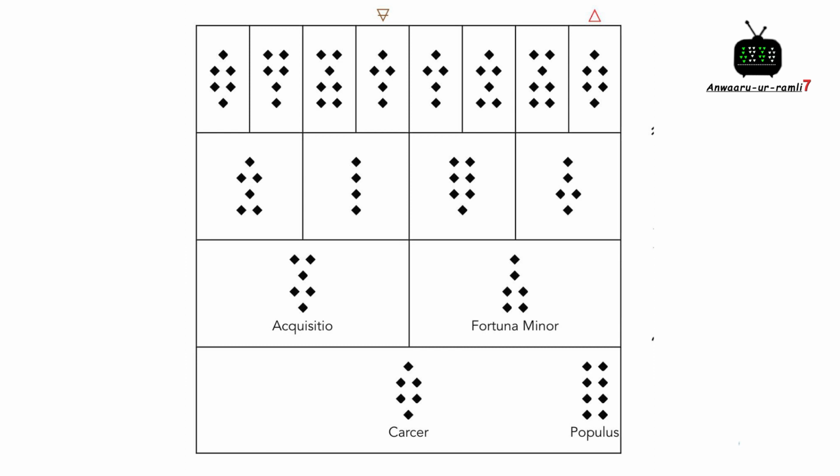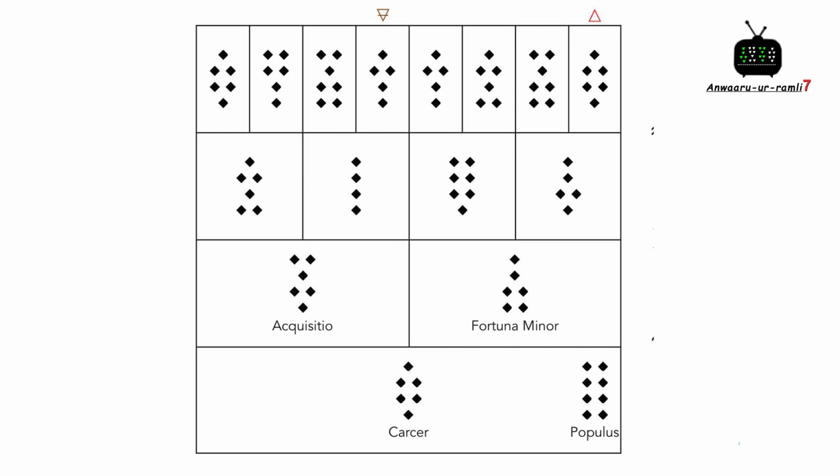If you are asked to find the connection of Cassia from this piece of sand, the connection of Cassia is Puella. You can conclude that Puella comes in the fourth house and it comes again in the fifth house in this piece of sand.